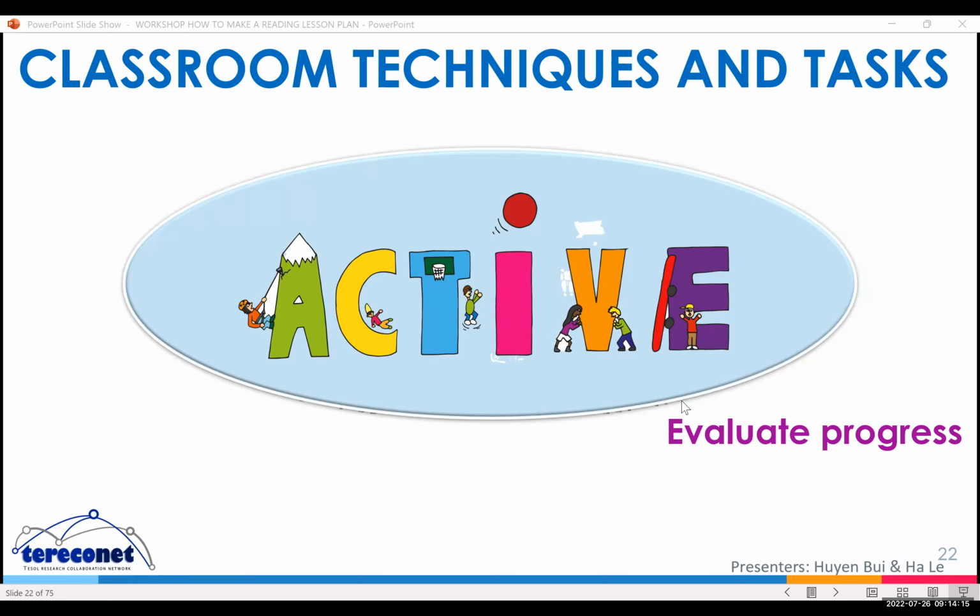Activate student schemata. Wonderful. Arouse what? Activate. Wonderful. But I also need the noun following the verb to have the phrase. So, wonderful: activate student schemata. Arouse is wonderful too. You can say arouse the student interest, for example.